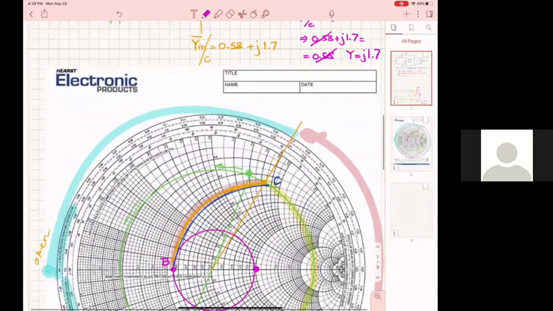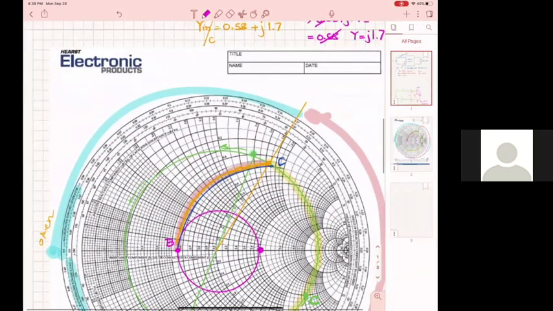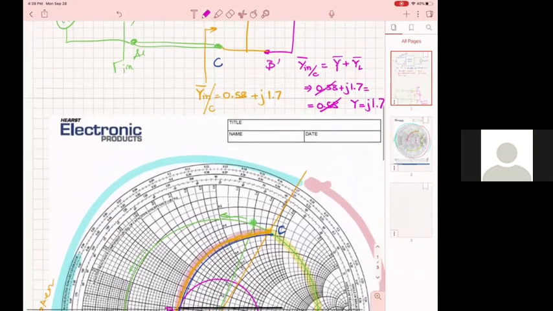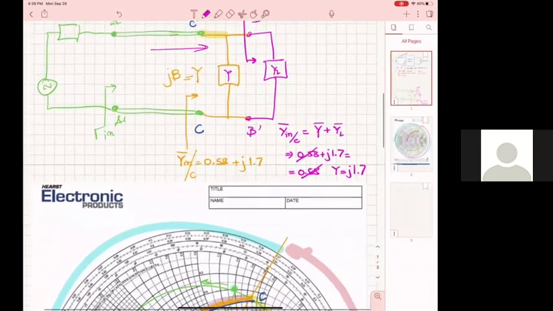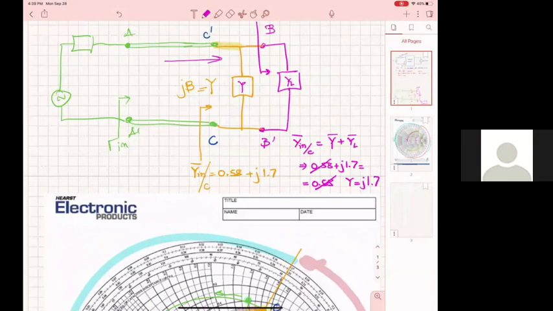So I found the Y that I need to add there to be able to see my load after I go past Y, because since I'm looking that way towards the load, I have to sum Y and YL to see Y in, all right? I have to sum them.